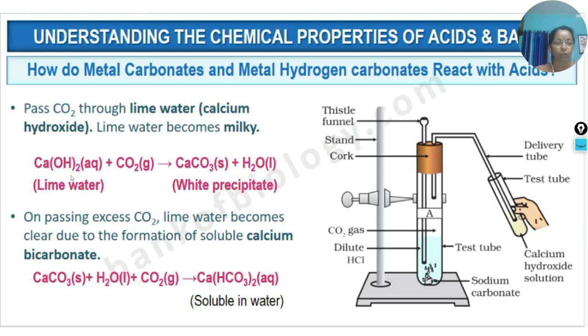So calcium hydroxide, which is lime water, when it gets carbon dioxide, reacts and forms a salt called calcium carbonate in water. What is special about this calcium carbonate? It is a solid, or it forms a precipitate. So what happens to the solution? The solution turns milky or cloudy, we will say. Why? Because this is insoluble.